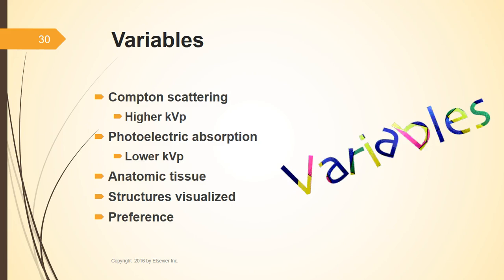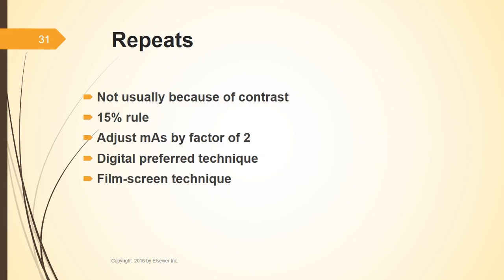because they've already got it set for their equipment and they know how it works. And as long as you have the kVp selected, then it can be further manipulated later to making an image that's acceptable. So, repeats. Radiographs are generally not repeated because of contrast errors. So this is all about kVp. More often, the radiographer evaluates the level of contrast achieved to improve the contrast for additional radiographs.